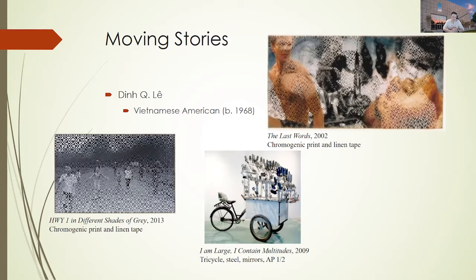And the one on the left actually depicts a particular photograph by Associated Press photographer Nick Ut, the iconic image of the napalm girl running down Route 1 after an aerial attack near the village of Trang Bang in South Vietnam.